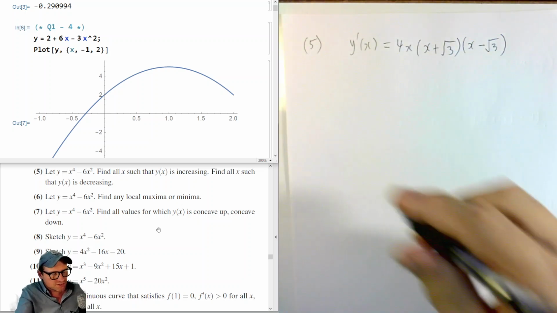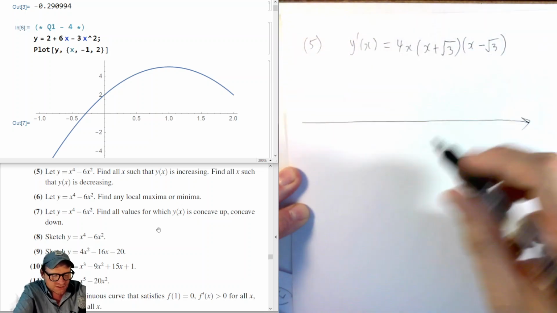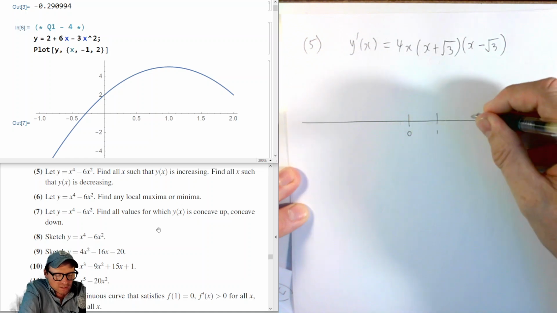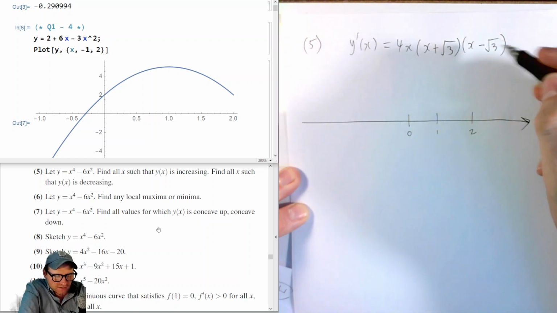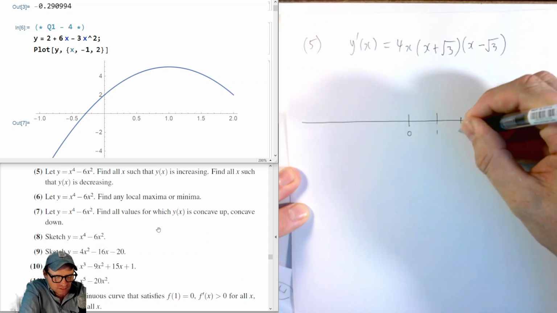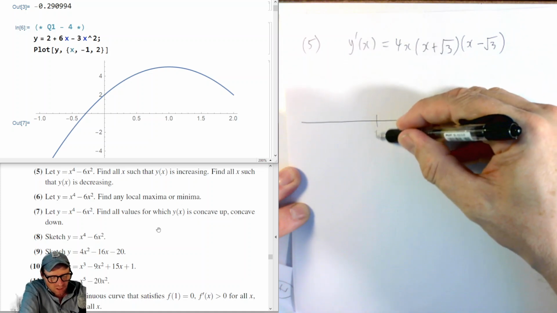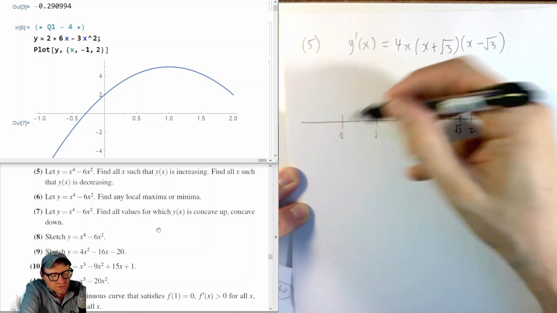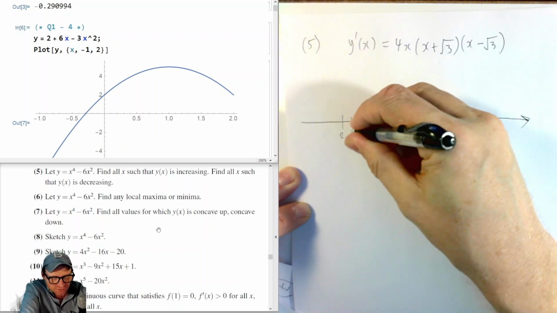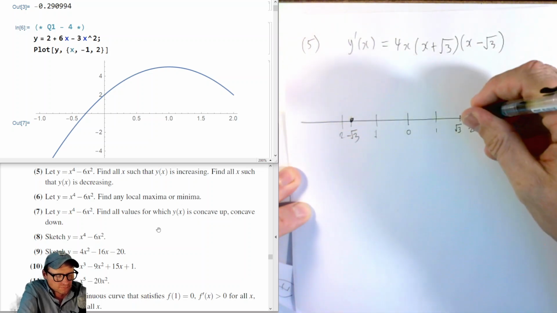All right, now what I want to do here is draw a number line and identify the three roots. So 0, and we've got 1, we've got 2, and then plus root 3 would be about 1.7. So let's label it there. And then on the other side, we've got 1, we've got 2, and then minus 1.7 or so, we've got minus root 3. All right, so let's fill that in.